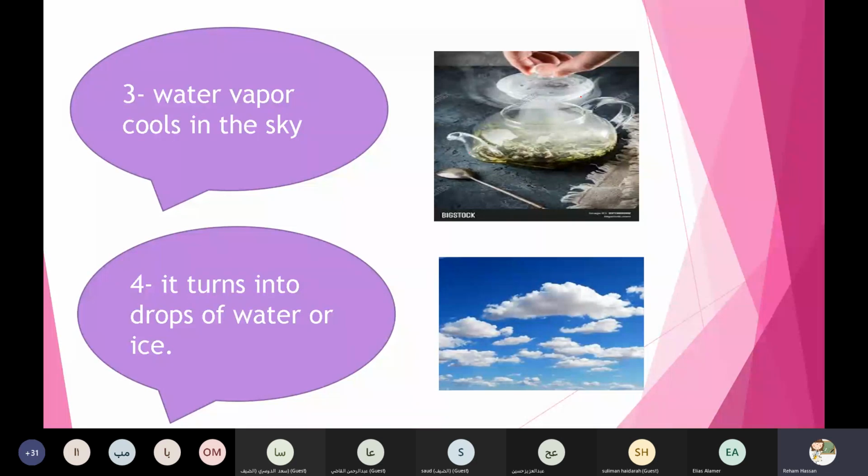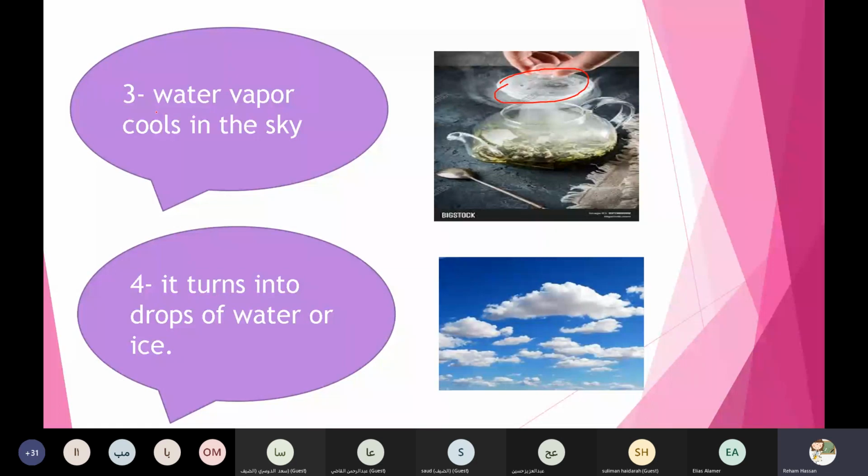If we boil this water and then we cover this container with a cold cover, now we can see the liquid water again inside it. So if the water vapor cools in the sky, it turns into drops of water or ice, and it is the clouds.